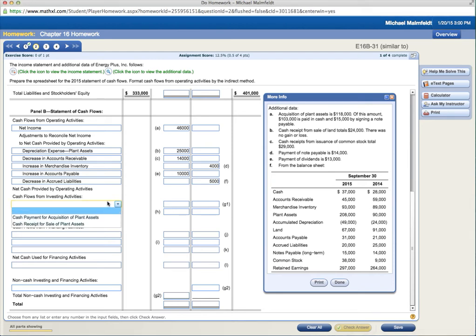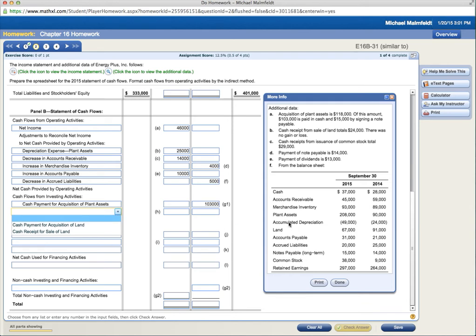So if I click down here, we see here, yes, I made an acquisition of plant assets, and yes, I used cash for some of that. How much cash did I use? Well, it says right there I used $103,000 of cash. So that's a credit in this statement of cash flows because it decreased the amount of cash that I have on hand. So my next choice here is what happened with land.